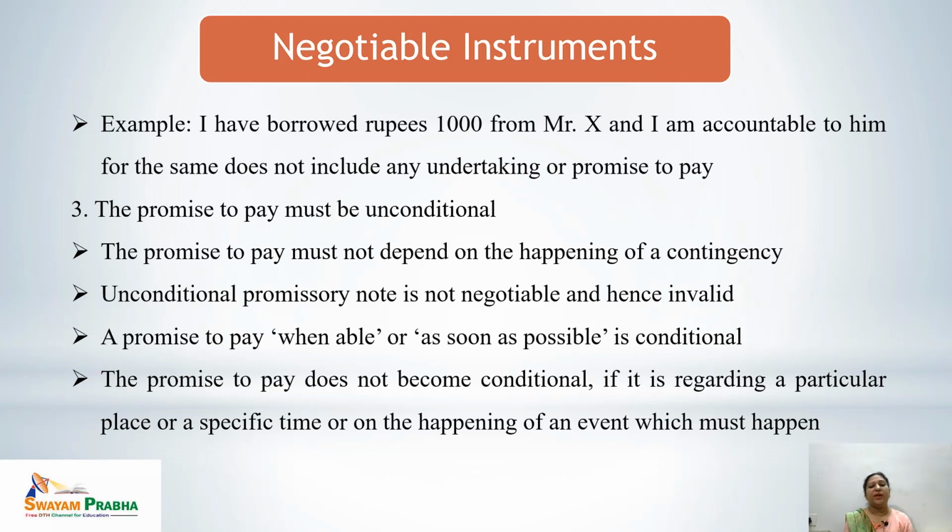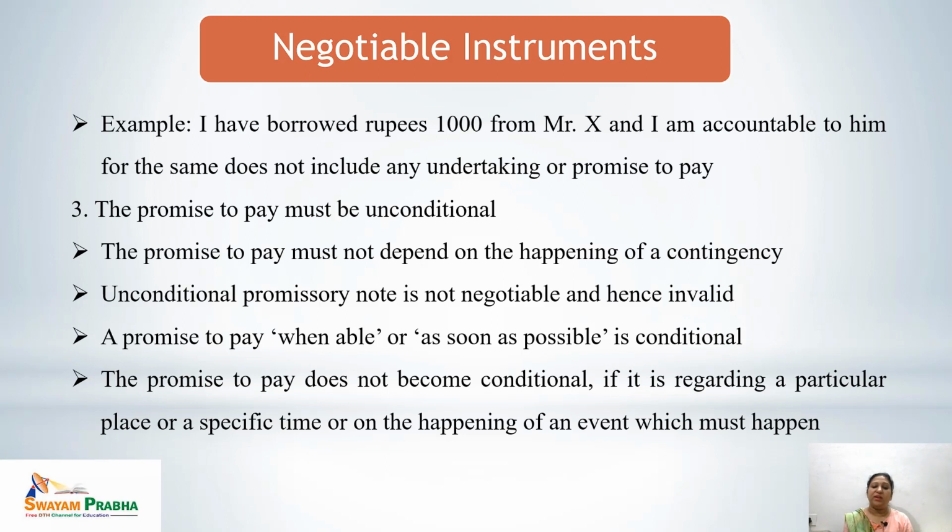The promise to pay does not become conditional if it is regarding a particular place or a specific time or on happening of an event which must happen. So if the payment of the money is to be made at a particular place, this is not conditional. On some specific time, this is not conditional.